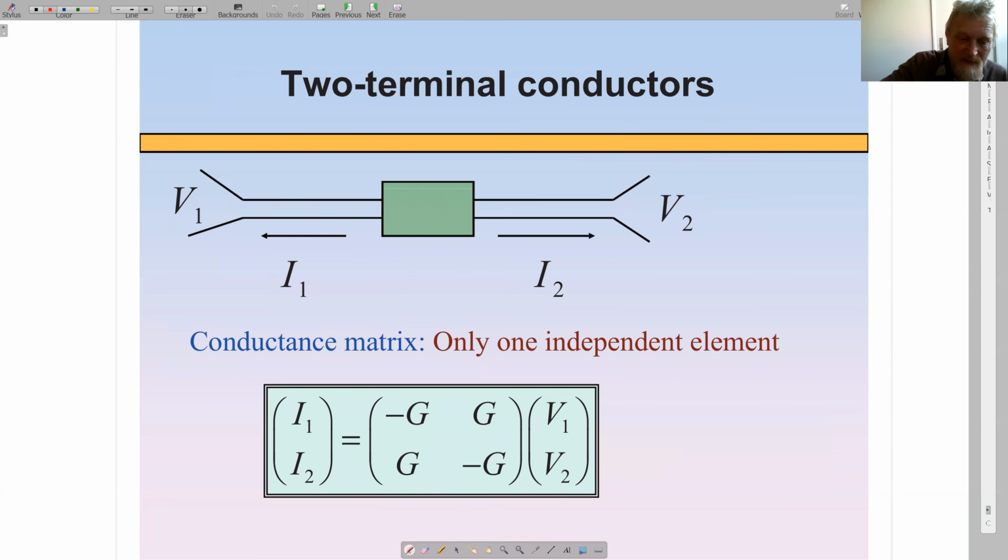Here I put it. So what does it imply? If I do matrix multiplication, I see that each current is a difference of voltages, and the sum of the currents must be zero. Good.